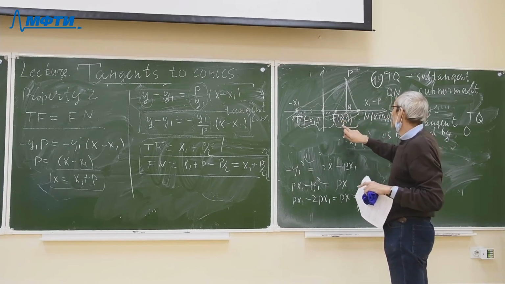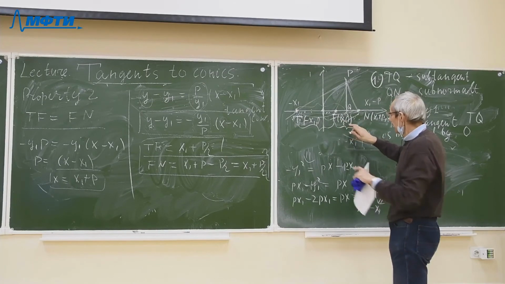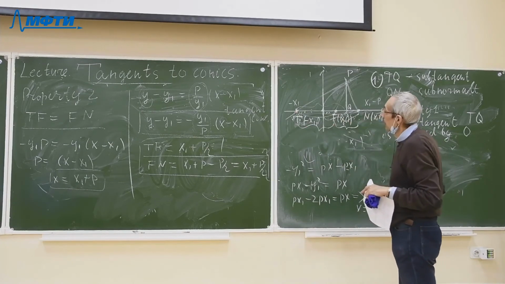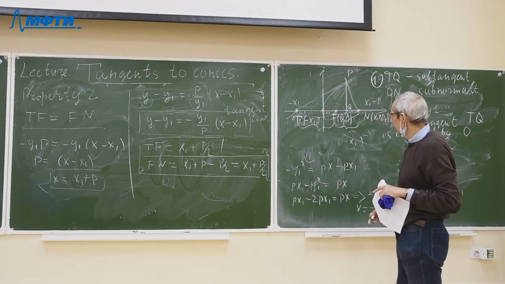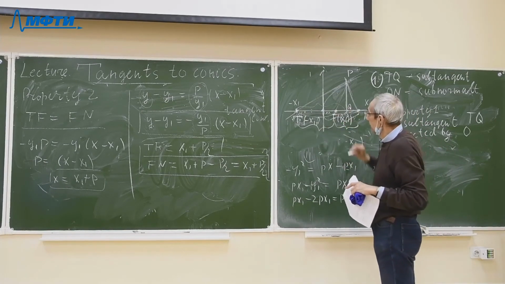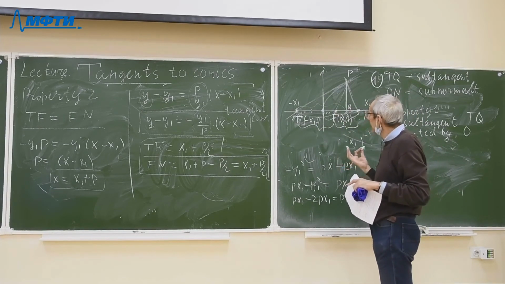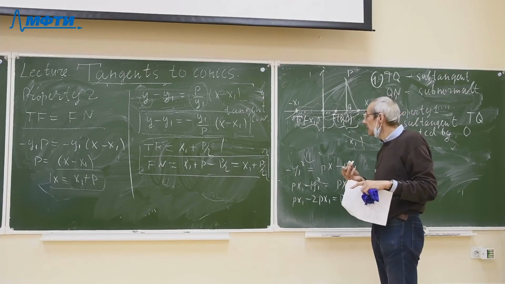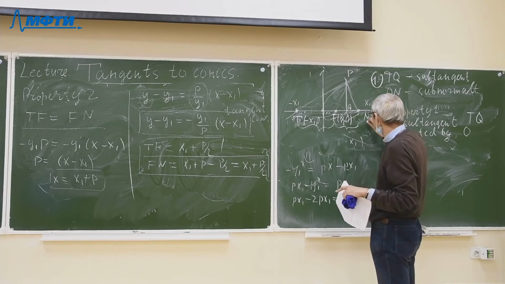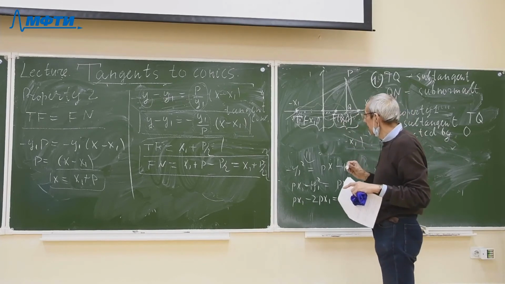We know that all three points lie on the axis OX, and the distance of the segment is exactly equal to the difference between its first coordinates. And we calculate the first coordinates of these points.